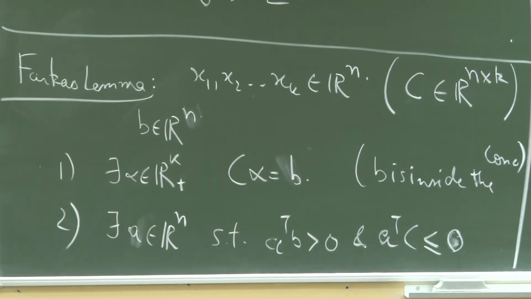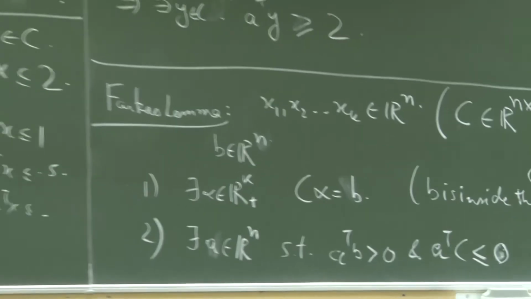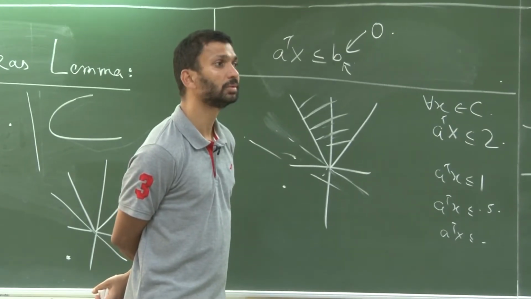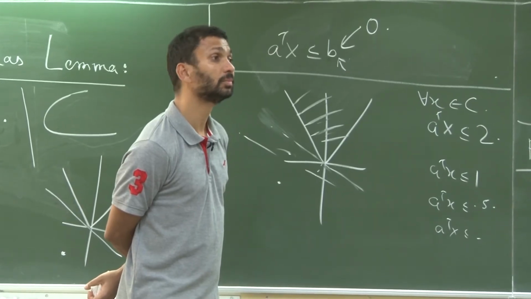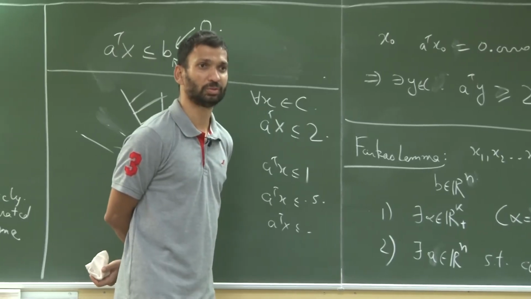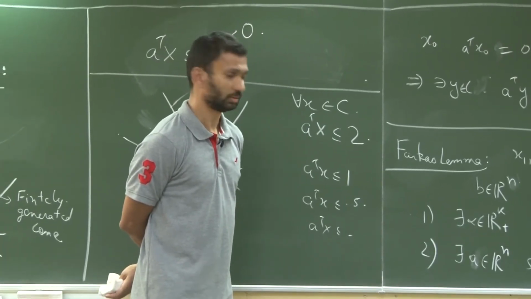Does this look like a hyperplane separation theorem? What is the hyperplane here? A transpose x equal to 0. That's the hyperplane here.